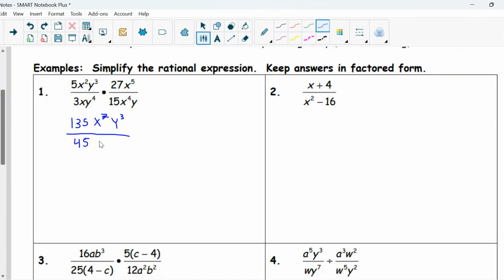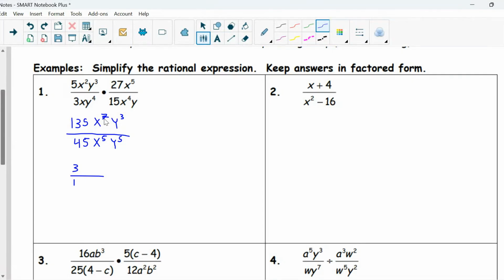X times x to the 4th gives me x to the 5th. Y to the 4th times y gives me y to the 5th. So now I'm going to reduce my like terms. So 135 divided by 45 simplifies as 3 over 1. Remember, when we are dividing exponents, it's the same as subtracting our exponents.